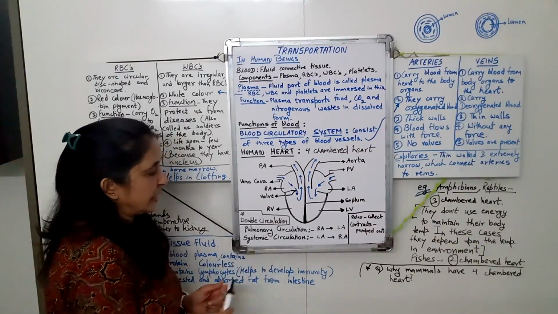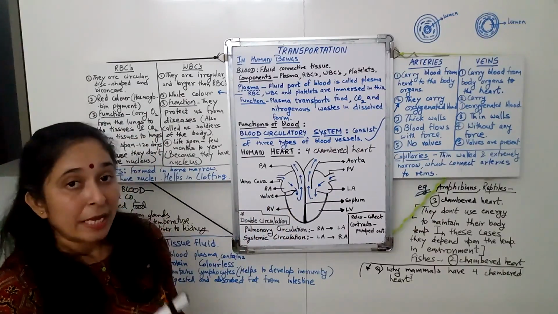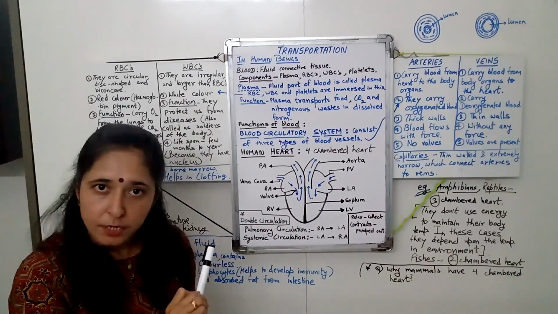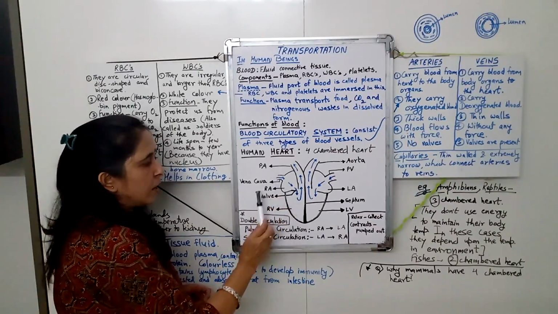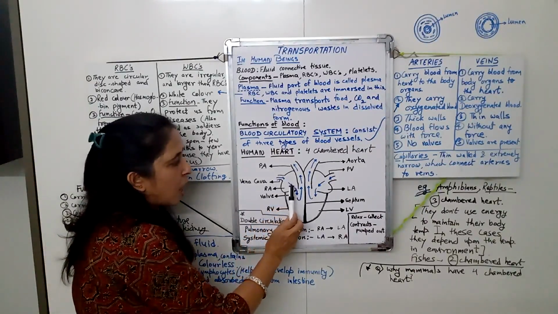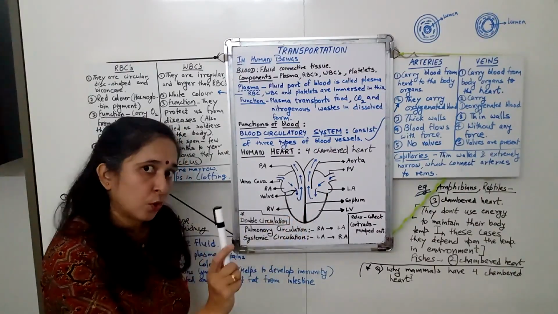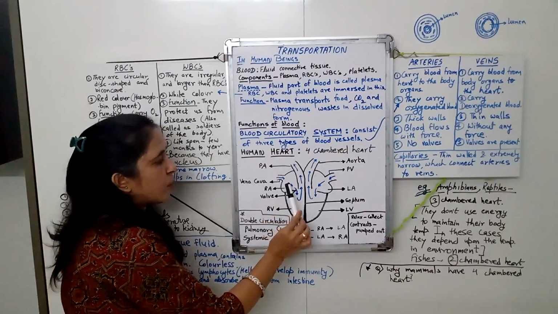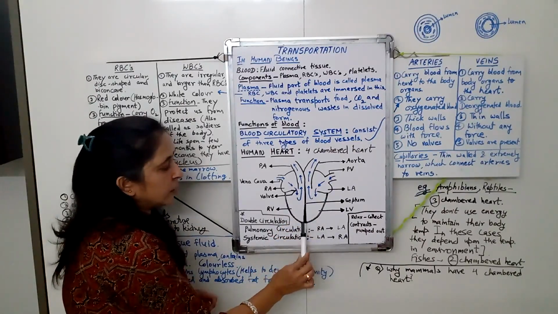Pulmonary circulation. That starts from the right atrium. Now, deoxygenated blood from the lower and upper vena cava, it will enter into the heart, into the right atrium. That is deoxygenated blood. Then from the right atrium, it will go into the right ventricle.